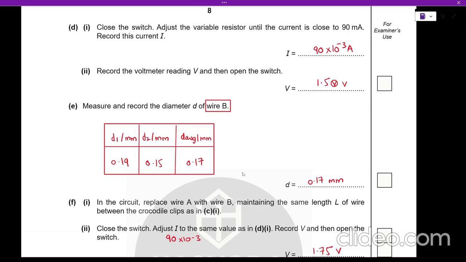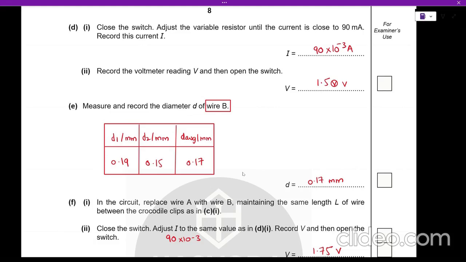So you could write that the voltmeter is less sensitive, or gives value to 0.01, and the improvement could be to use a digital electronic voltmeter, or the one which gives you value to 0.001.